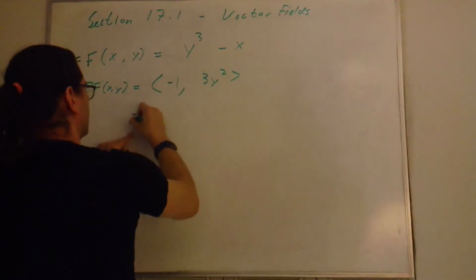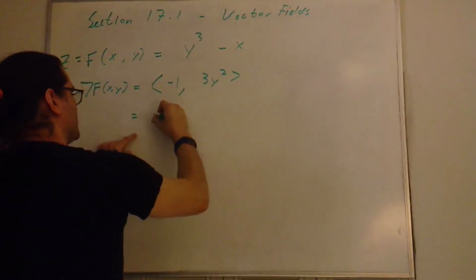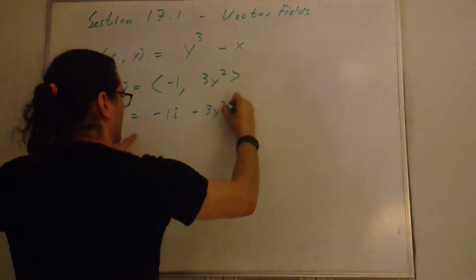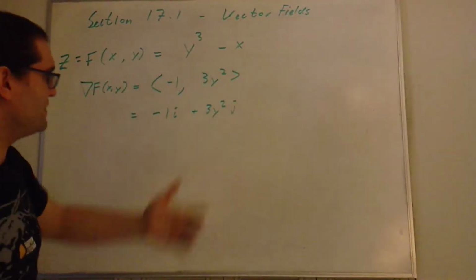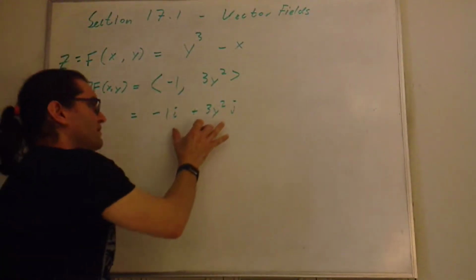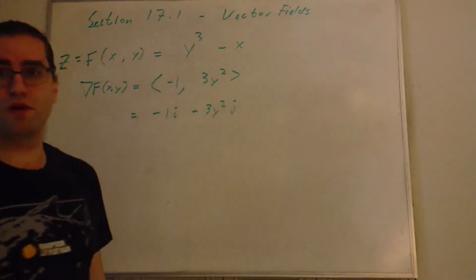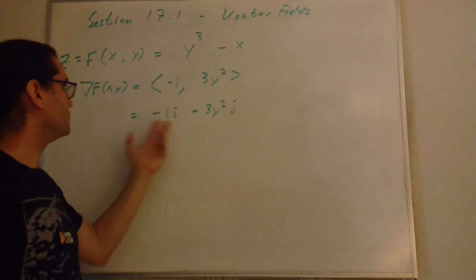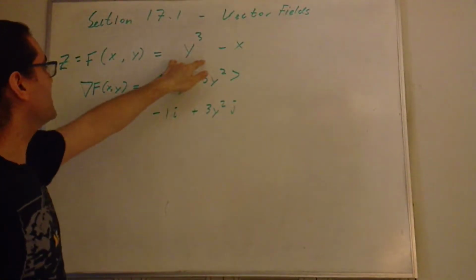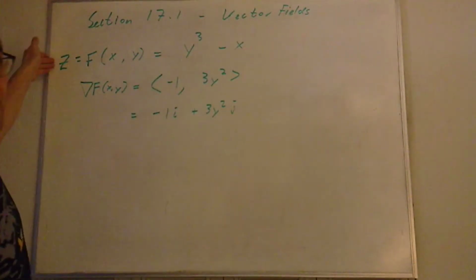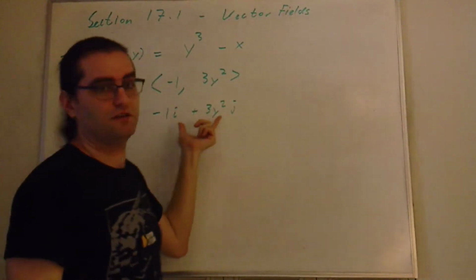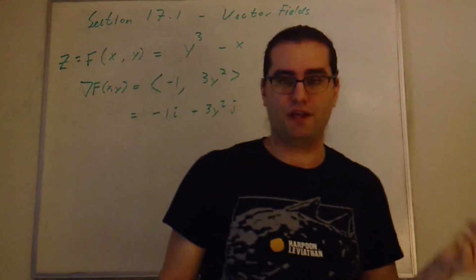I should say negative 1 i plus 3y squared j. And this, we said, was a vector field. You could plug in any x, y coordinates just like you could into a real function, and instead of giving you a height on the z-axis to create a surface, this will give you a vector on the xy plane.